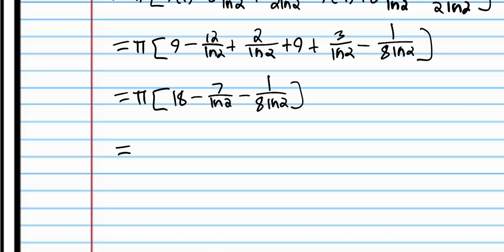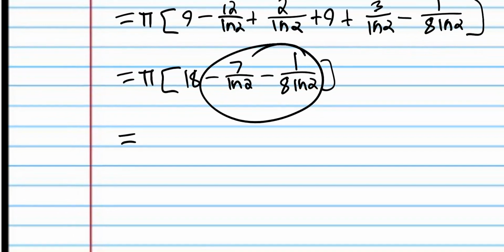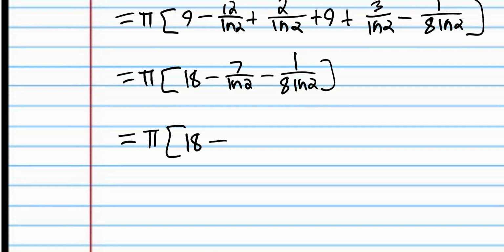Okay, so at this point you can probably just use your calculator. I'm going to combine these, get a common denominator. The most important thing is that you demonstrate that you can use the fundamental theorem of calculus with all this.